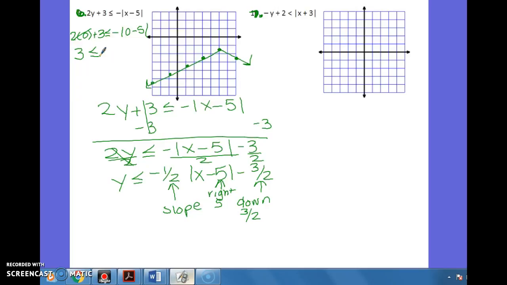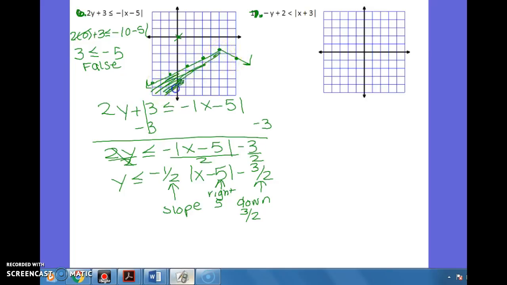Negative 5. But it's inside an absolute value. But then there's a negative outside. So is 3 less than negative 5? No. So this is a false test point. So I picked 0, 0 as my test point, but it's false. So that means I shade inside the absolute value.